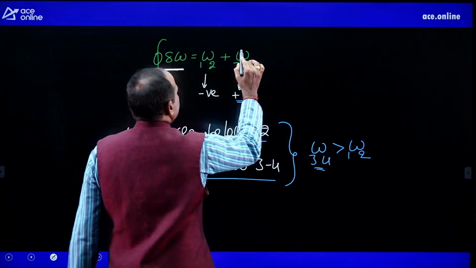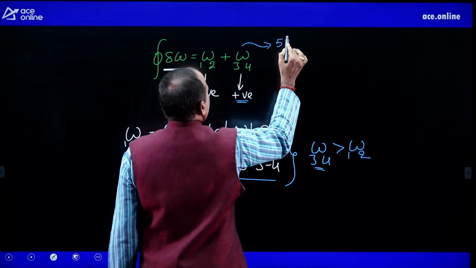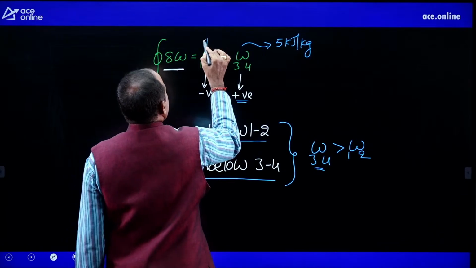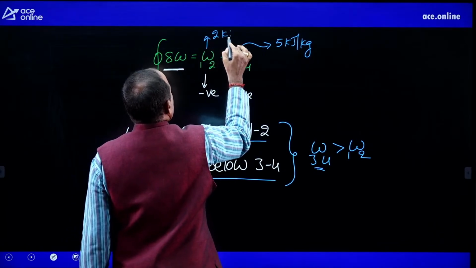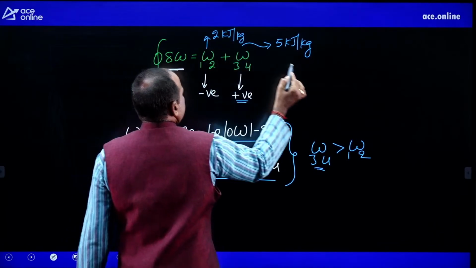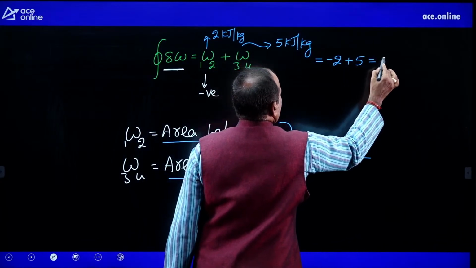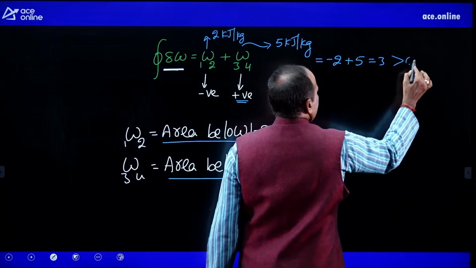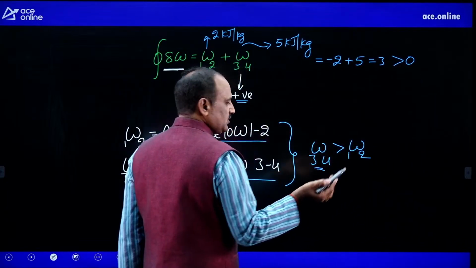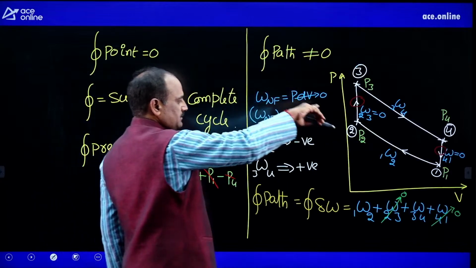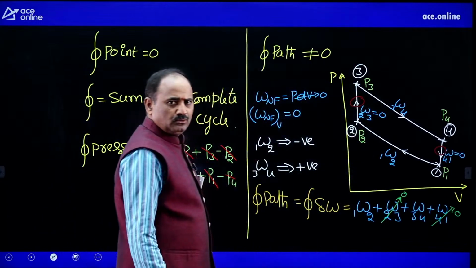Let us say this positive work is 5 kilojoules per kilogram and the negative work is 2 kilojoules per kilogram. Then this is equal to what? Minus 2 plus 5 is equal to 3, which is greater than 0. Of course, for all power producing systems, the net work is positive.